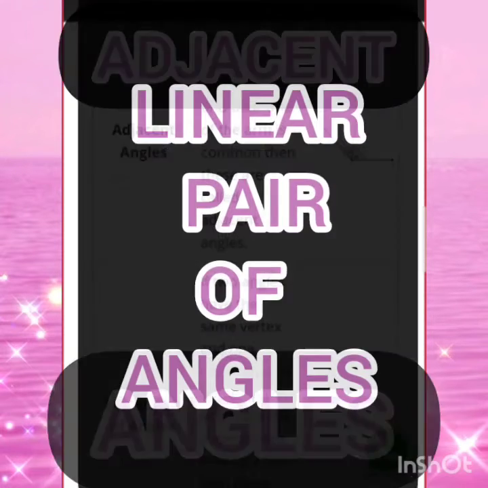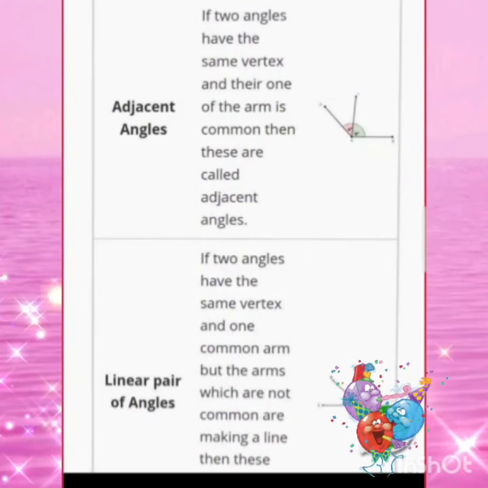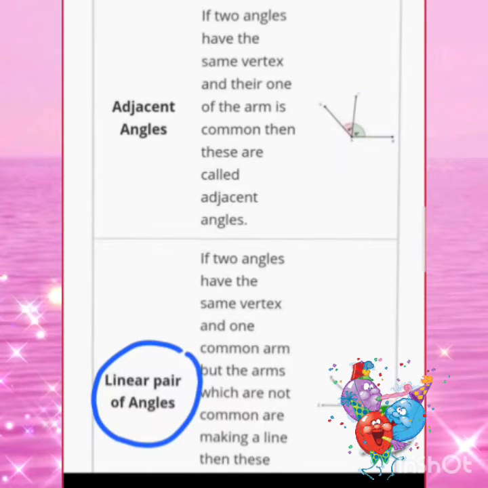Clear to you? So my dear student, one more type of angles we are going to work out is linear pair of angles. How to define this word is not new for you.